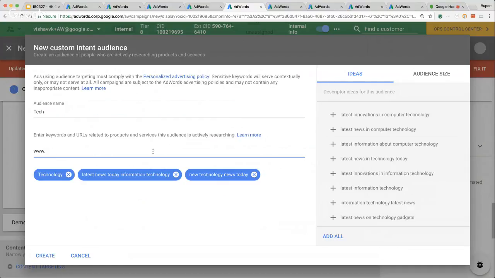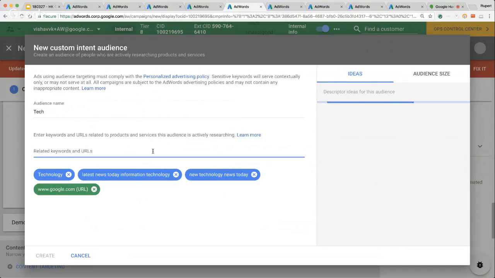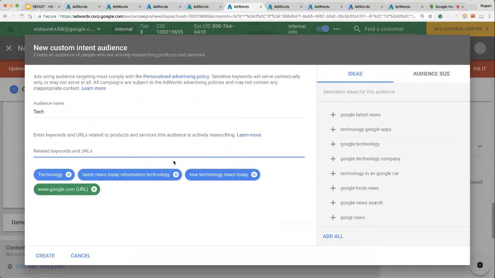For example, I'm going to add google.com. As I add google.com, different types of Google-related keywords will appear as well. By adding keywords and URLs, you will get more and more ideas and search terms, and this will help you build custom intent audiences and also scale the size of these audiences.